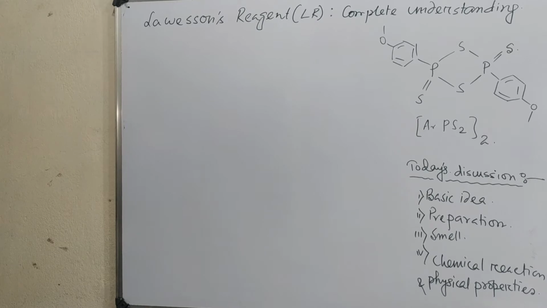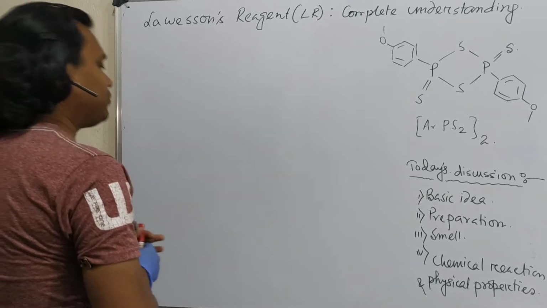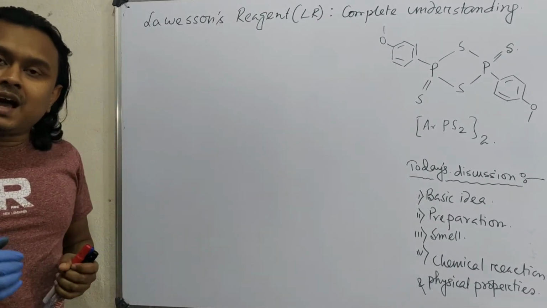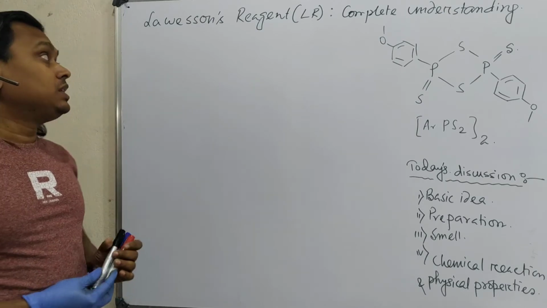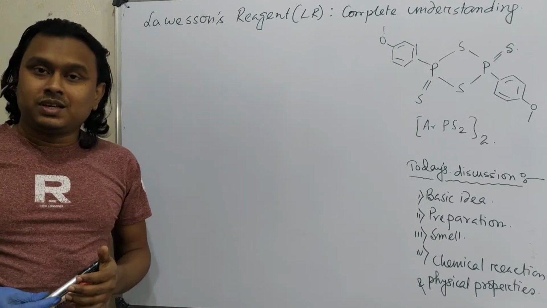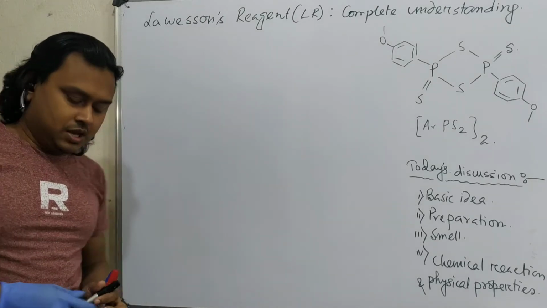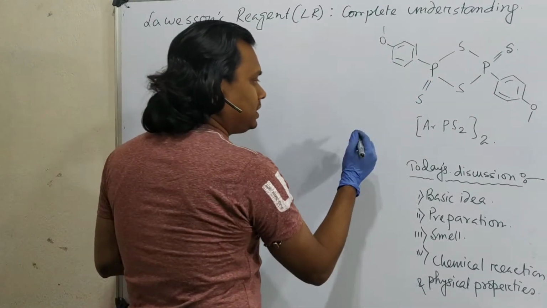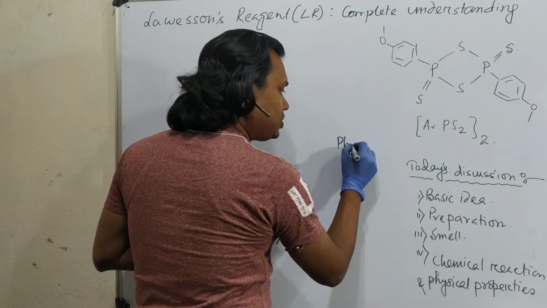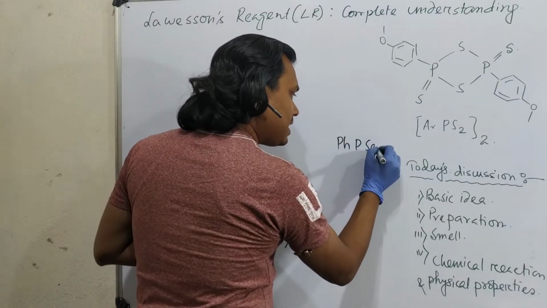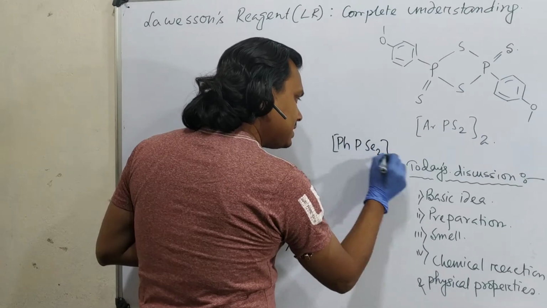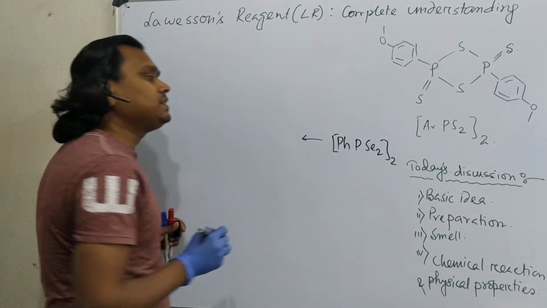By the way, I want to mention that previously I discussed in another lecture Woollins' reagent, which you can consider the selenium analog of this. The structure of Woollins' reagent is the same, with P2Se2 units, and it is used for selective selenation.